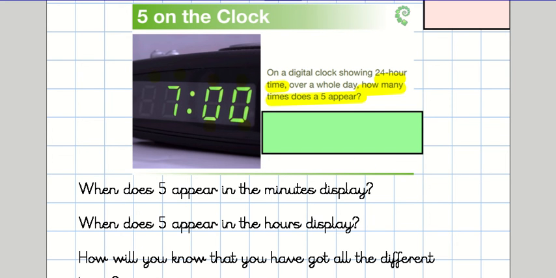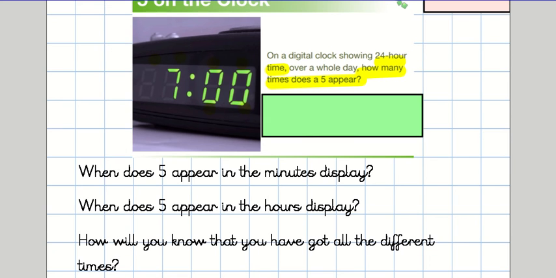Now, how will you know that you've got all the different times? I'm sure you can probably think about some times where 5 appears straight away. So for example, in my head I'm thinking, oh, I know that 5's going to appear at 5:15 in the morning, and that appears 2 times.